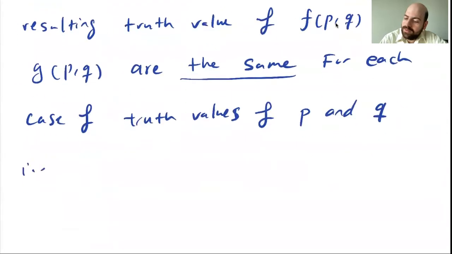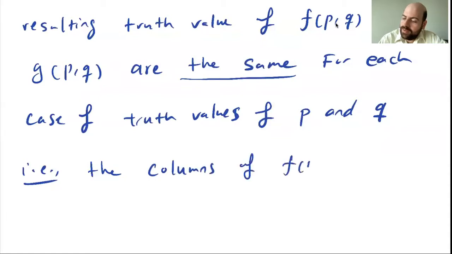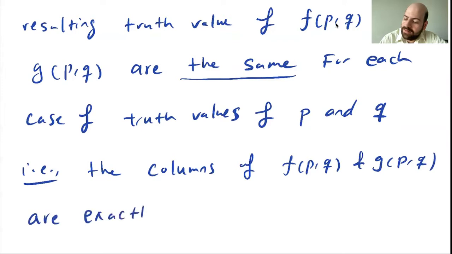In other words, the columns of f of p and q and g of p and q are exactly the same in the truth table.